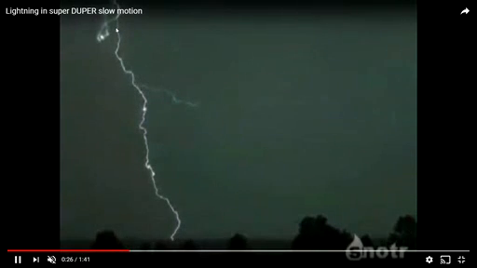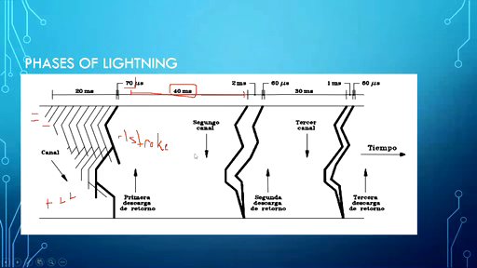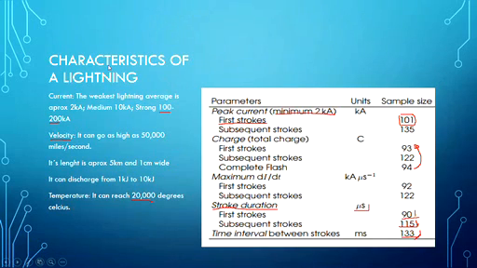That is when the lightning is going to stop. So this is in slow motion, so we can see the whole phenomenon, but in reality we can only see the flash, the bright flash of the lightning.